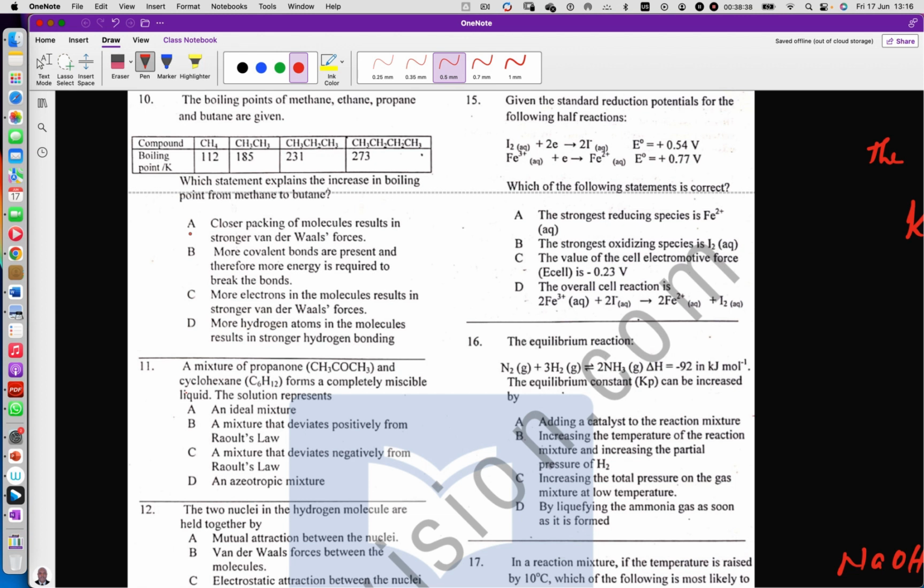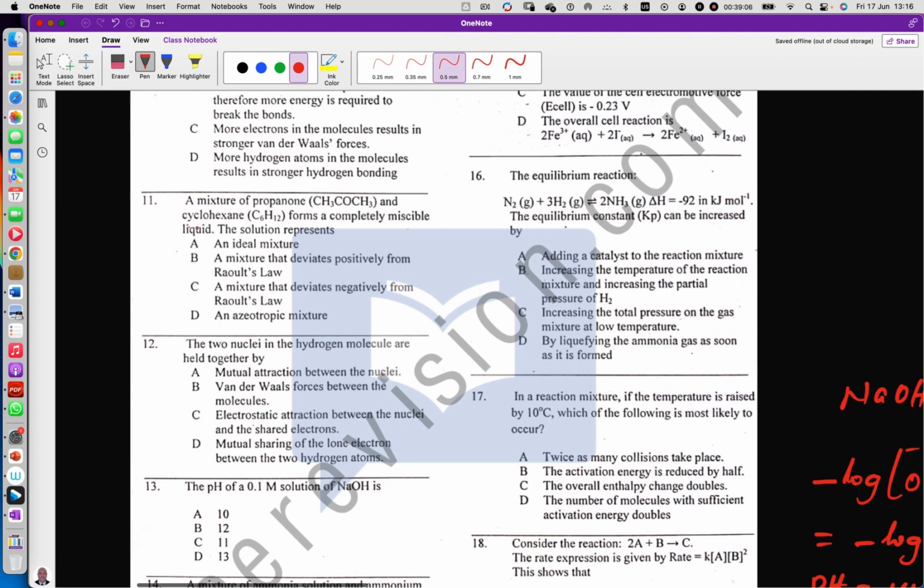All of these instantaneous induced dipole forces, London dispersion forces, all the intermolecular forces we are talking about, are under what we call the van der Waals forces. Van der Waals forces is what summarizes all of them. Okay, that's great. So our answer is C. For 10 is C. Question number 11.